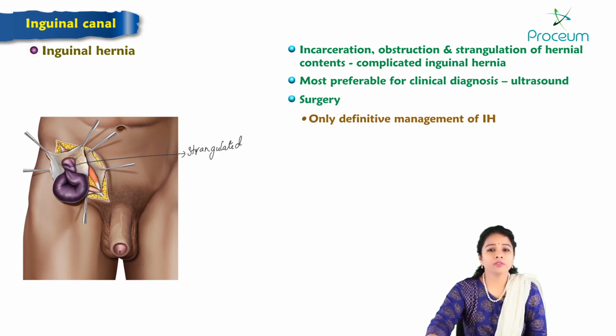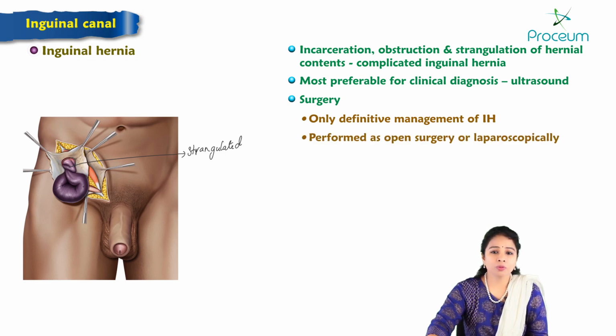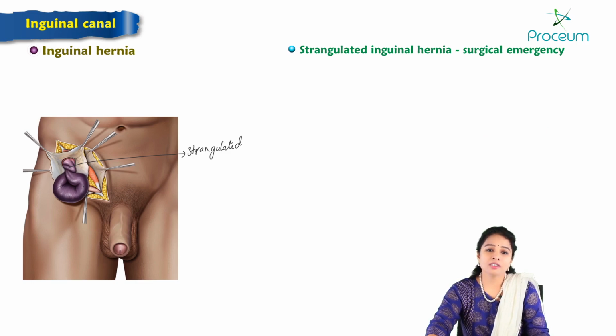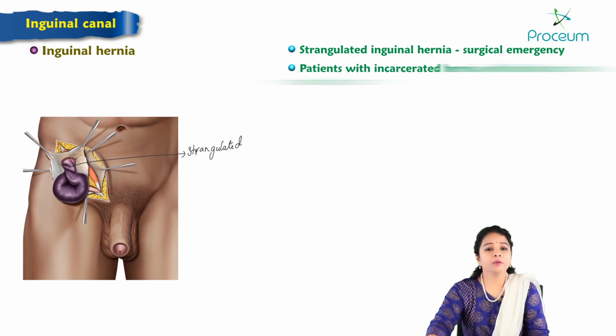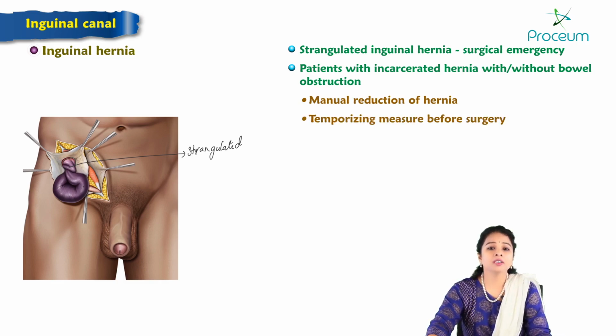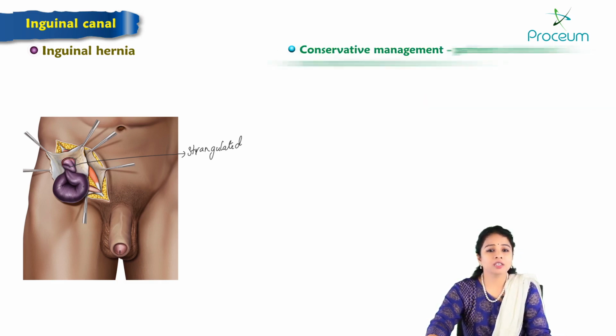Surgery is the only definitive management of inguinal hernia and can be performed as open surgery or laparoscopically. A strangulated inguinal hernia is a surgical emergency. In patients with an incarcerated hernia with or without bowel obstruction, manual reduction of the hernia may be considered as a temporizing measure before surgery. Conservative management may be considered in a select group of patients with small uncomplicated inguinal hernia.